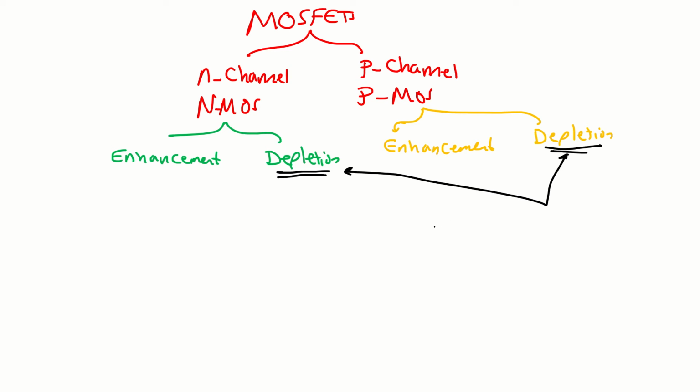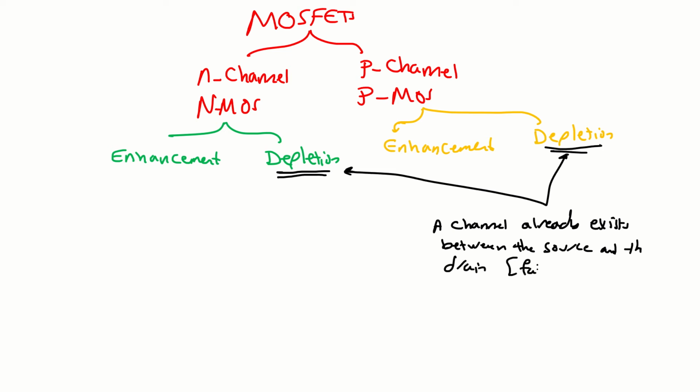So here we can write: a channel already exists between the source and the drain. And this is in fabrication. I mean, in the fabrication process, we create a channel between the source and the drain. So this is the meaning of depletion.